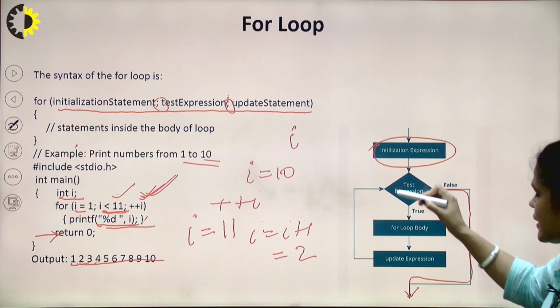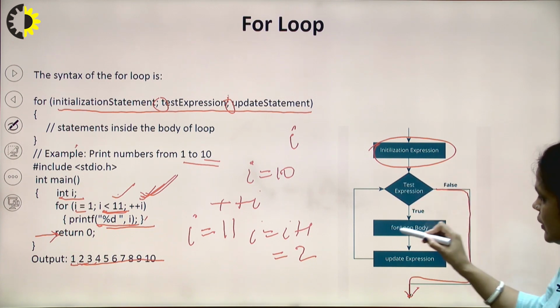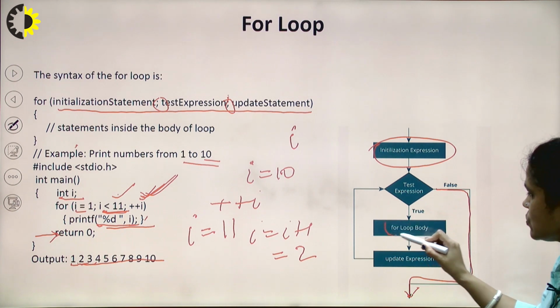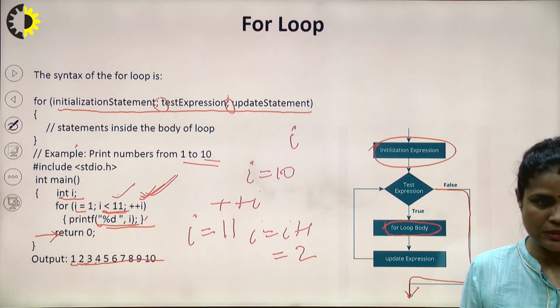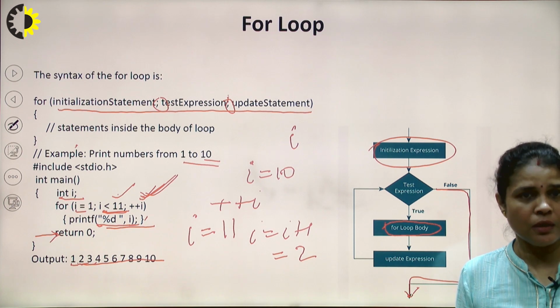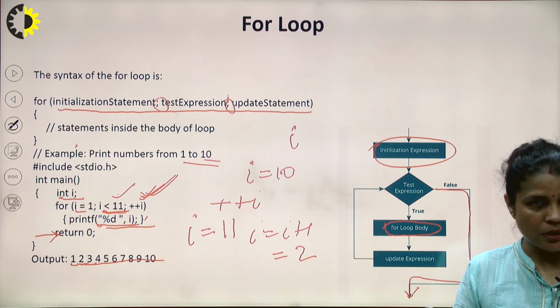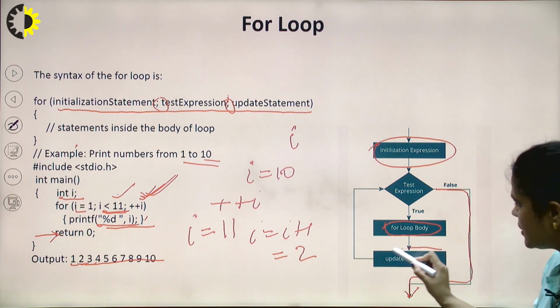If this test expression we are checking on the counter is true, then the statement associated with the loop body will be executed. If it is a single statement, we can write it without the curly braces. If multiple statements are associated with the loop body, then we should write them inside the curly braces. Okay. And then the updation expression.